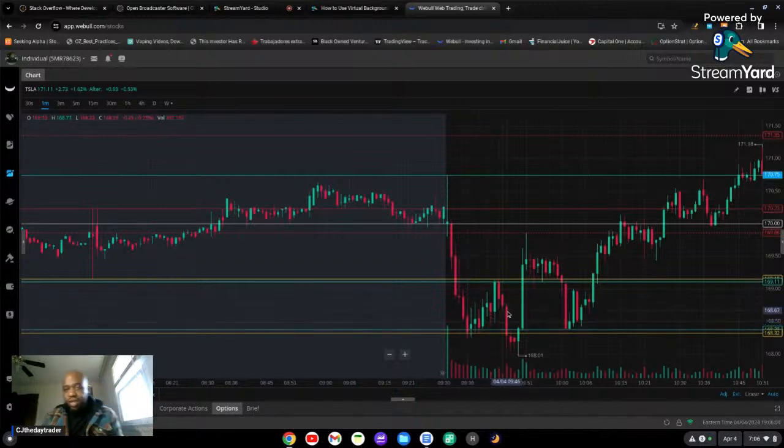Now, this is where it gets tricky. Around 9:46, you get that big red wick back to the downside, giving you the illusion that we're going to break further down and continue a downtrend, which I felt probably wouldn't happen, only because this support seemed to be strong.